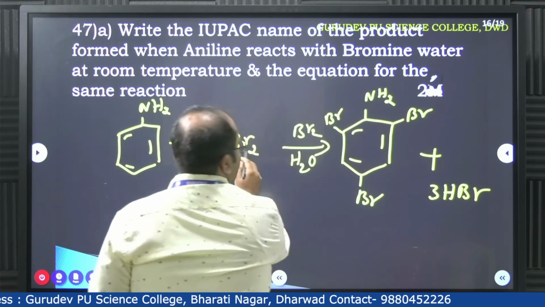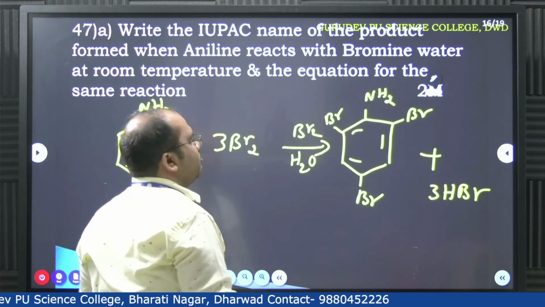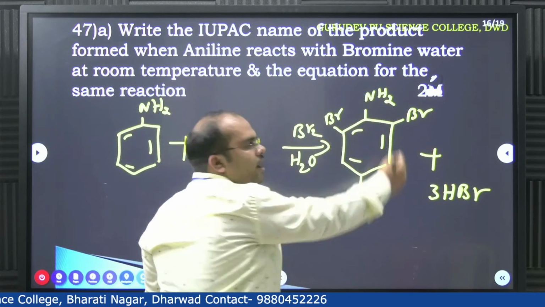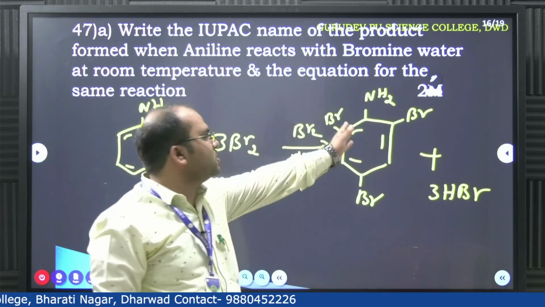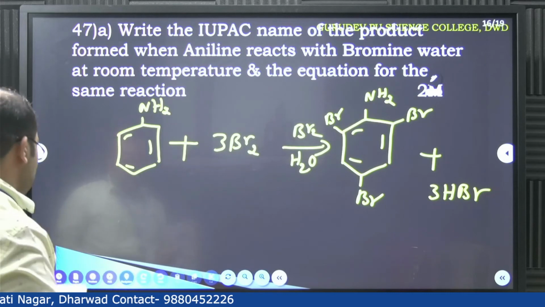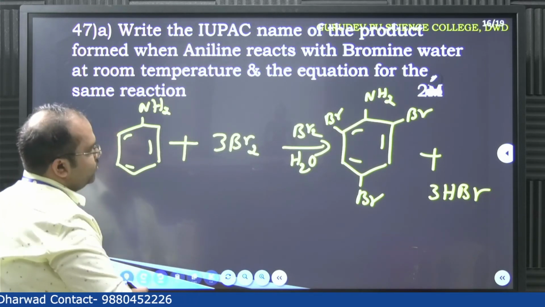So 3 Br2 means you have 6 bromines. 3 bromines participate in the formation of the product, and another 3 bromines remove the hydrogen atoms present in the benzene ring. So this is the product formed at room temperature.